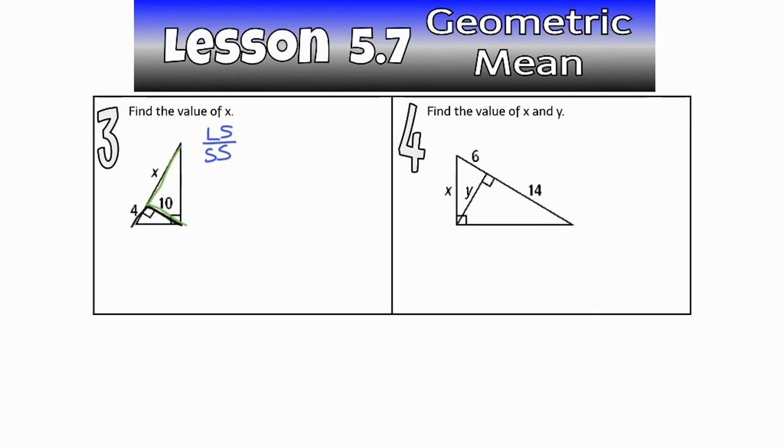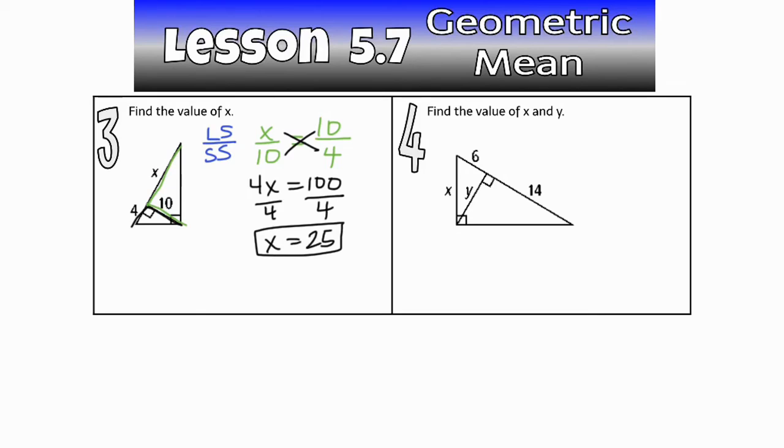So the long side of the green triangle, x divided by 10, is going to be equal to the long side of the black triangle, which is 10, divided by the short side, which is 4. And so now I'm going to cross multiply, and so I have 4x equals 100. Then divide by 4 on each side, and so x is equal to 25. A nice, pretty number here for the first time.